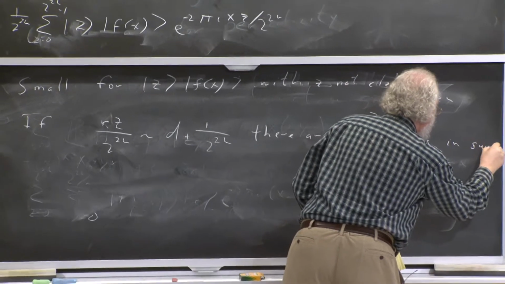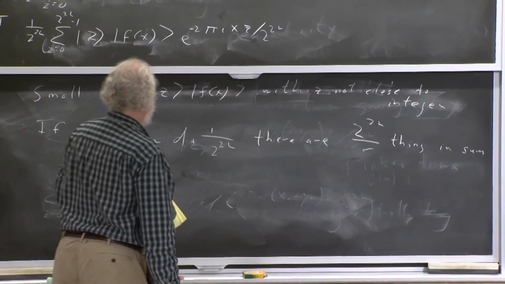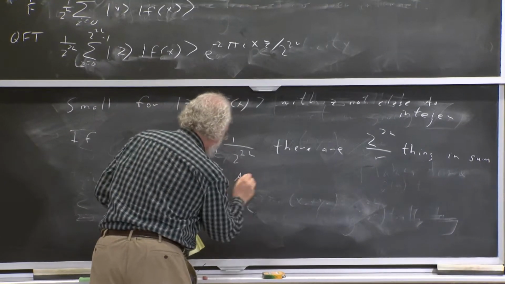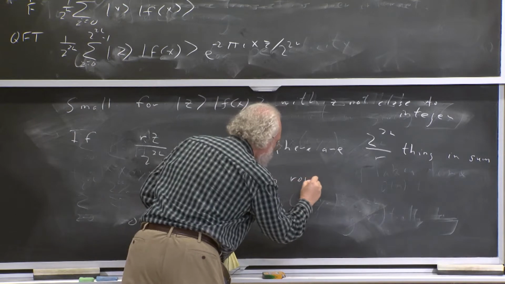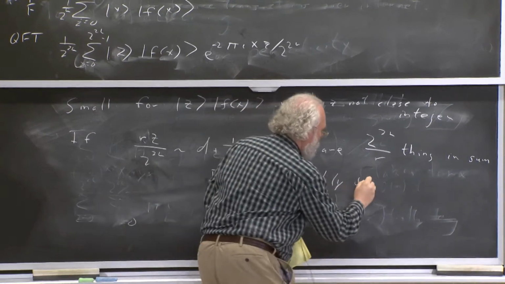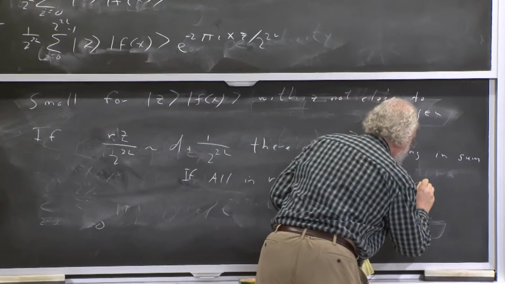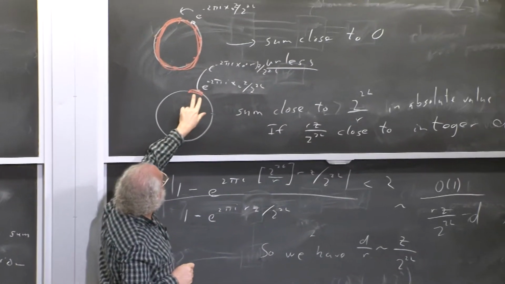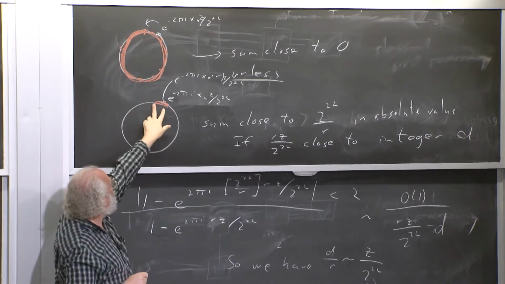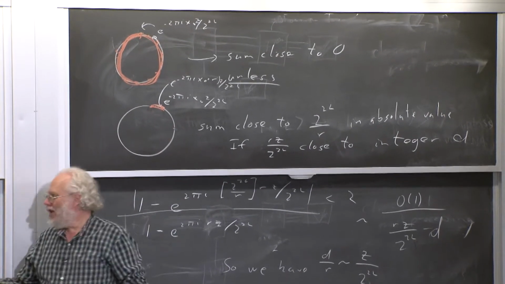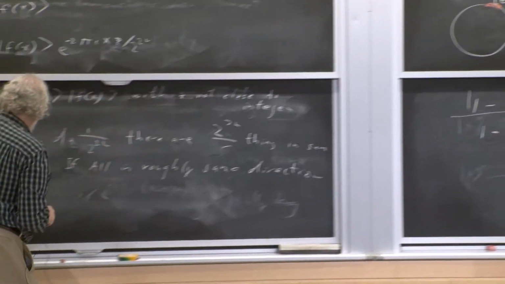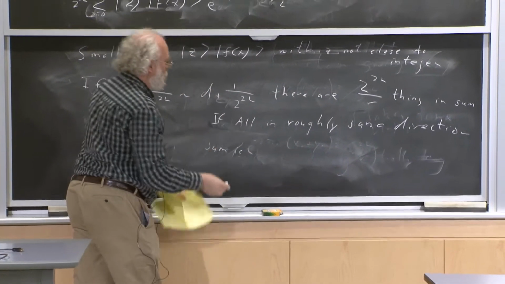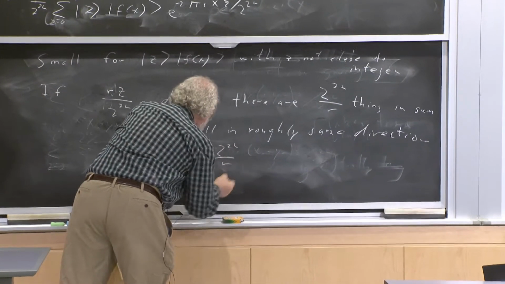In sum, if they're all pointing in roughly the same direction, which, recall from this intuition picture of the unit circle, is when we get a large thing, the sum is 2 to the 2L over r.